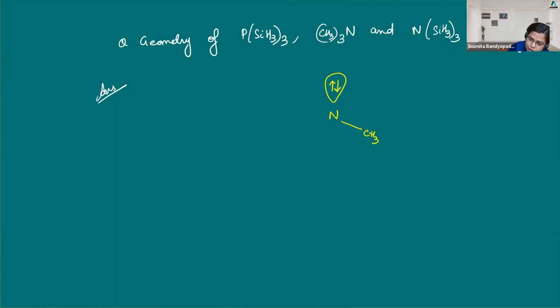Carbon doesn't have a vacant orbital to accept the lone pair from nitrogen. No back bonding. Nitrogen is sp3 hybridized and it's trigonal pyramidal in shape and tetrahedral in geometry.